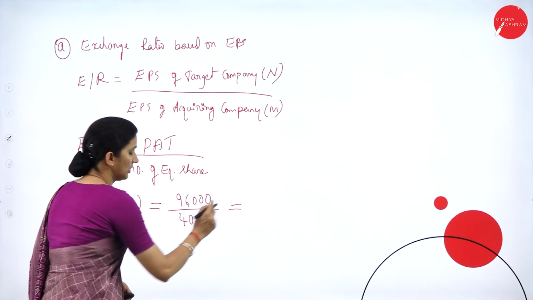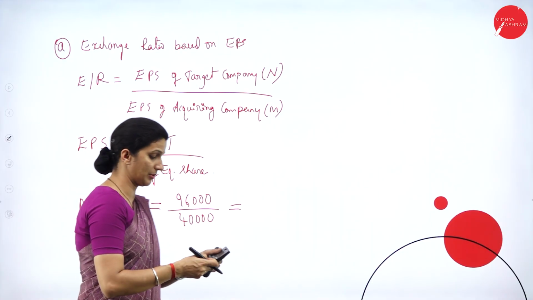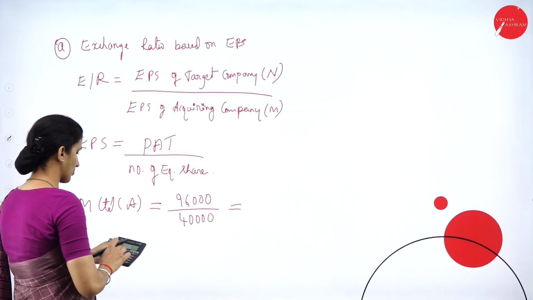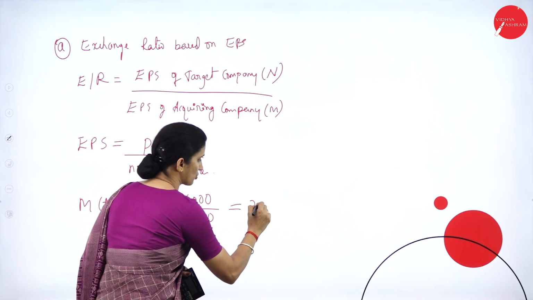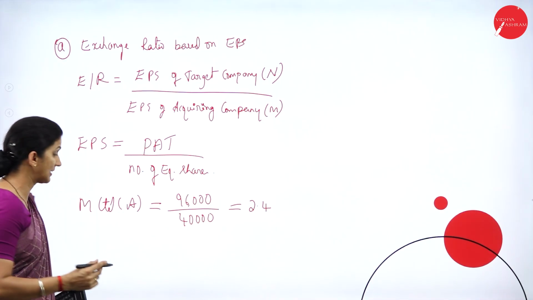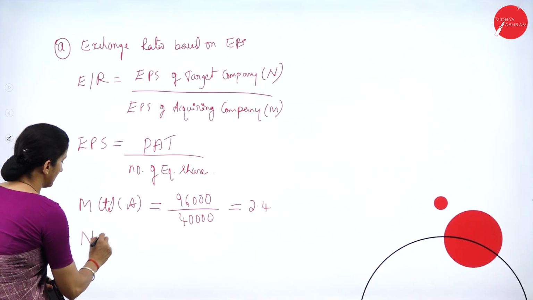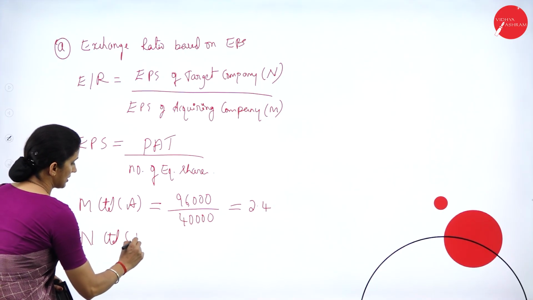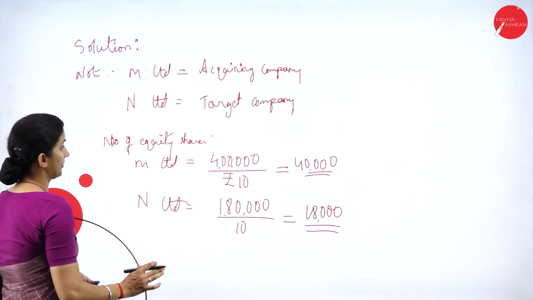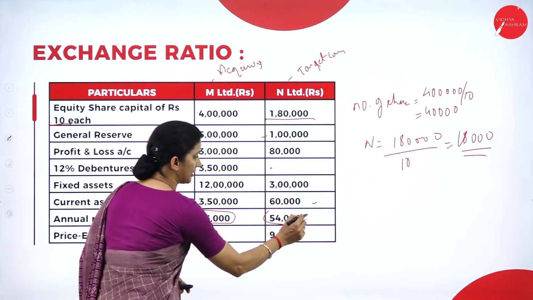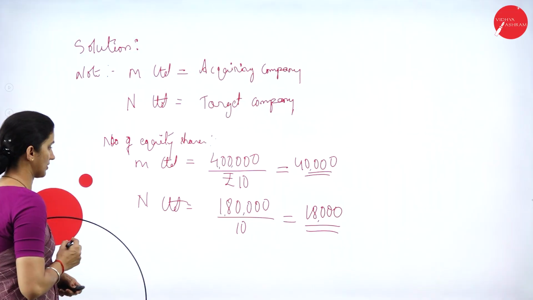So therefore, the EPS of M Limited is 96,000 divided by 40,000. Your EPS is 2.4. Next we'll calculate it the same way for N Limited, which is the target company. The PAT of N Limited is 54,000.